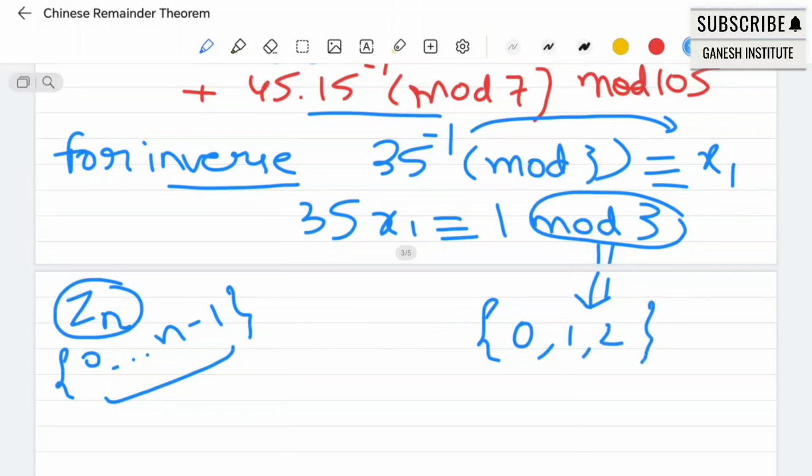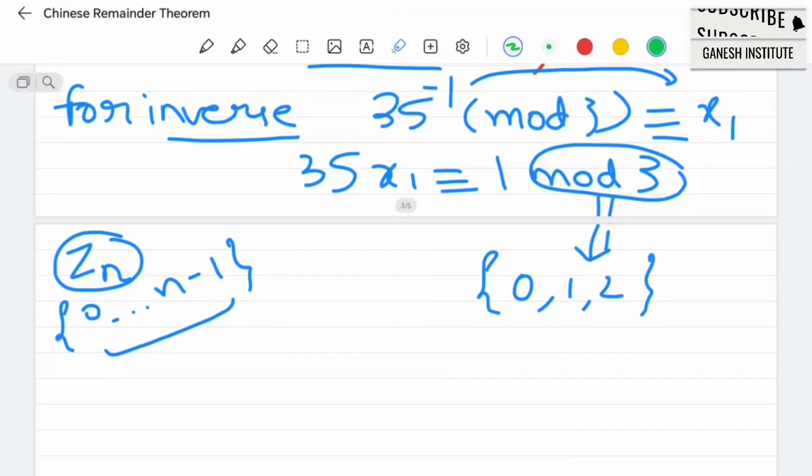Yes or no? So keep putting down these values: in place of x1, just put all these three values, 0, 1, 2, and find out which is satisfying this equation. That is, what is happening when I put x1 as 0, 1, 2? Is it giving me 1 modulo 3 or not? So let's try.